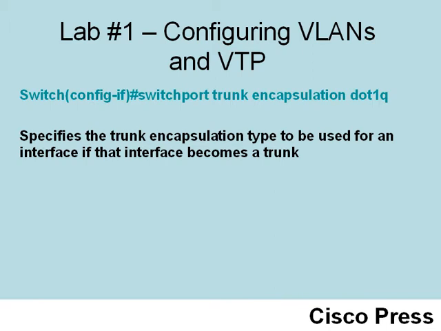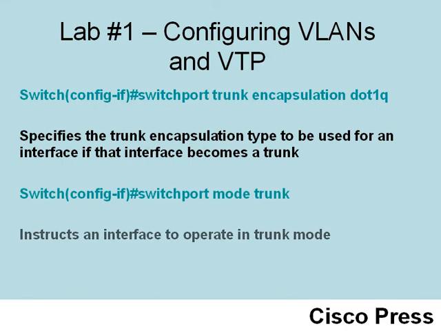So it's not technically encapsulation, but we are using this command to specify the trunking format that we want to use. Once we have specified dot1q, then we're going to say that we want this switch to be operating in trunk mode. We're forcing the interfaces to operate in trunk mode in this lab instead of dynamically forming a trunk. Let's go back out now and configure this trunk on our switches.